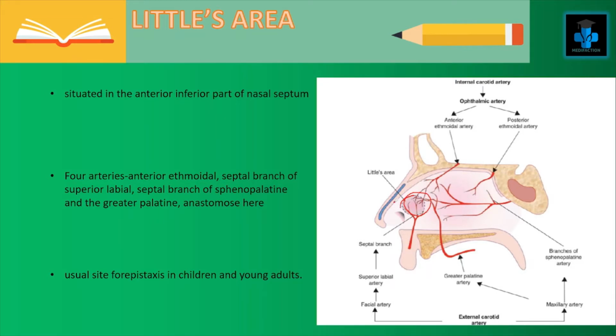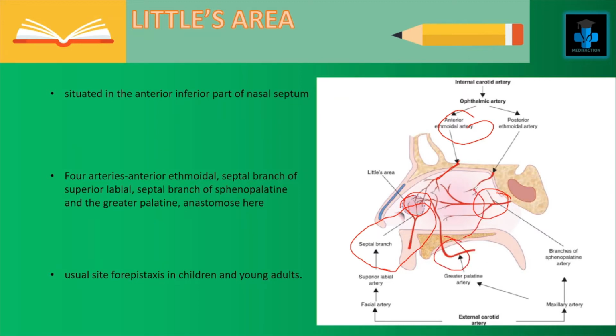This area consists of four arteries, which are the anterior ethmoidal artery, right here, the septal branch of the superior labial artery, this one, and also the septal branch of the sphenopalatine artery, and the greater palatine artery, right here.